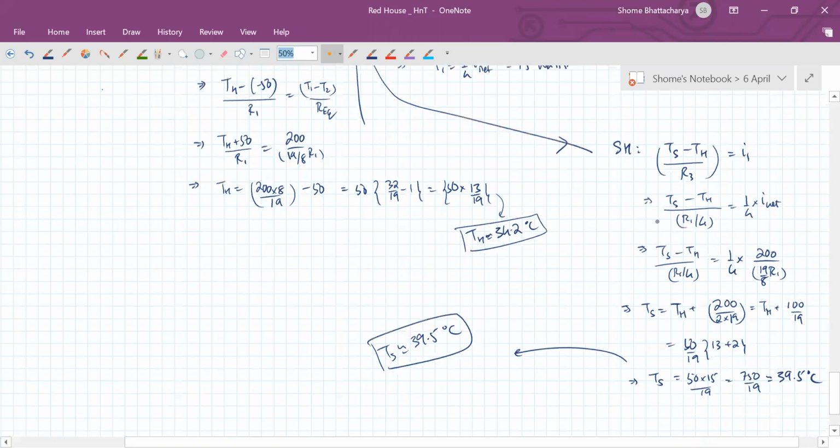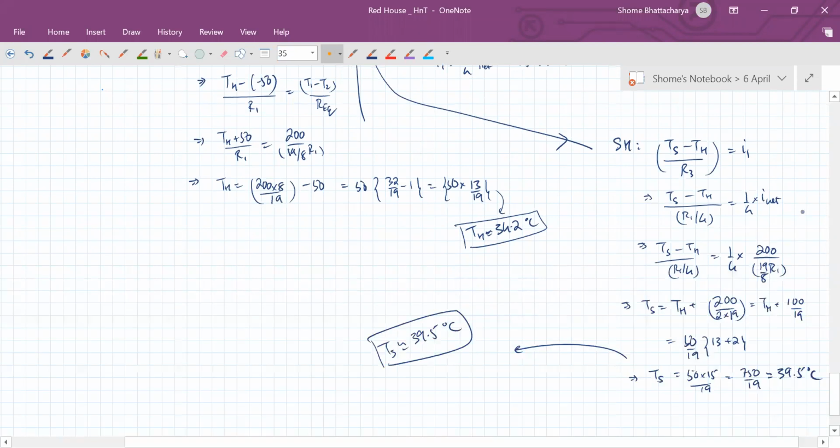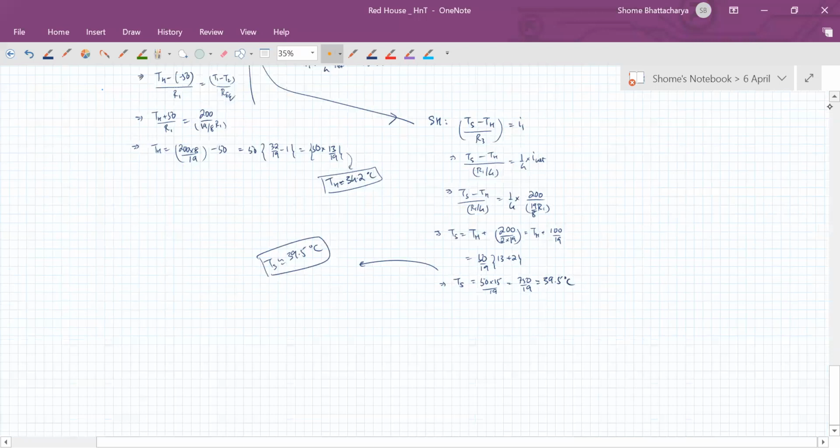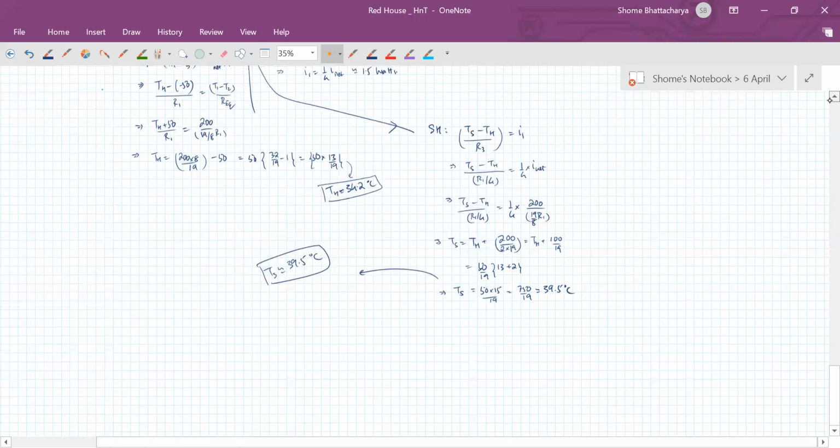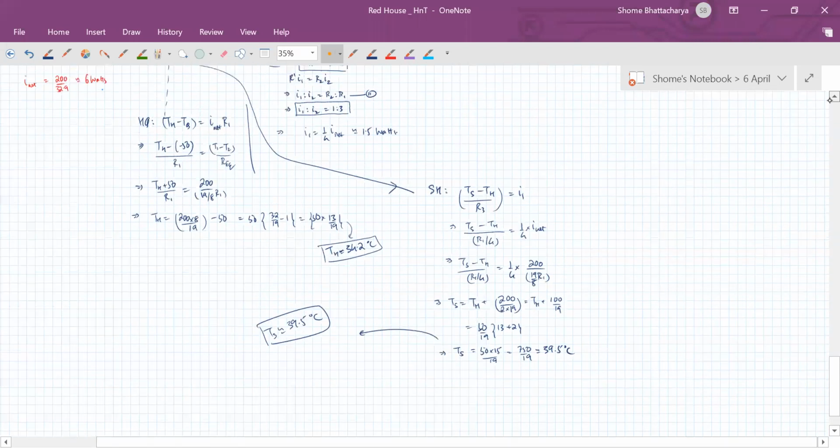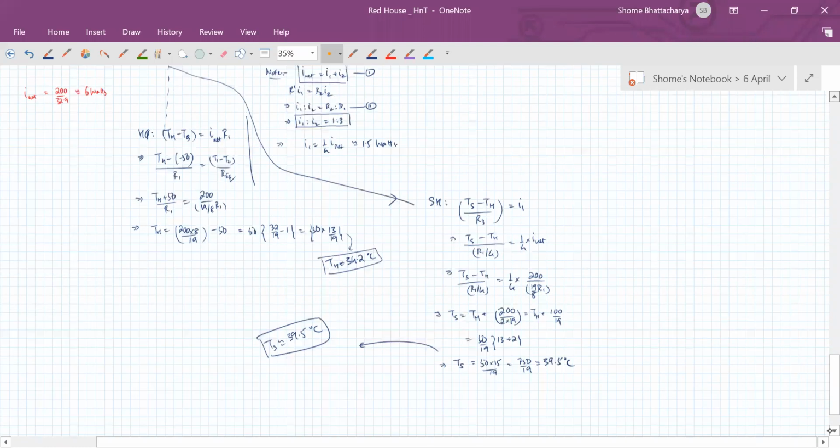So the thing is, you have to be prepared to have the patience to do a calculation like this through. But rest it's pretty easy. It's just usage of Ohm's law repeatedly and the concept of equivalent circuits.